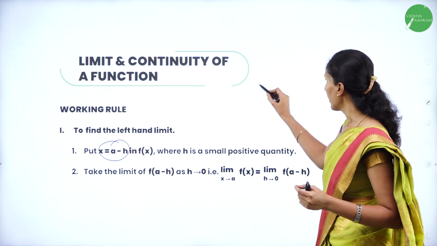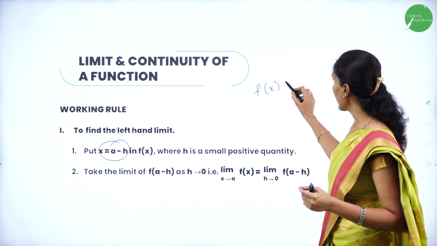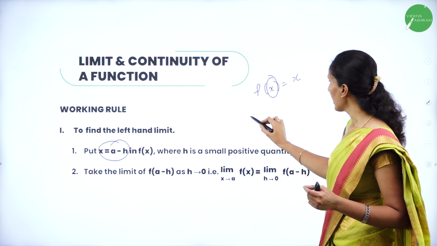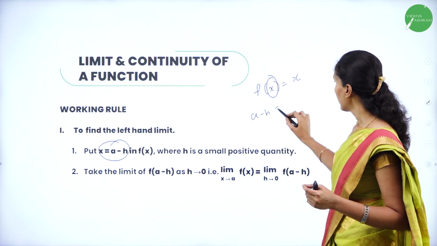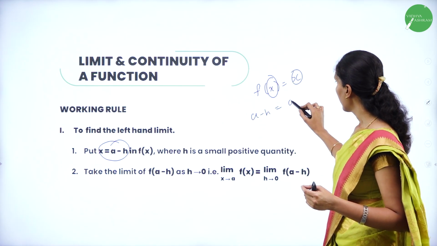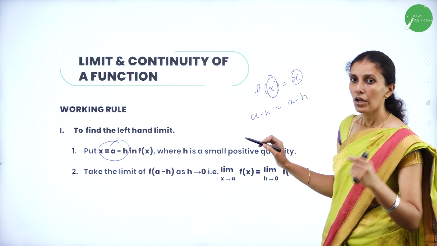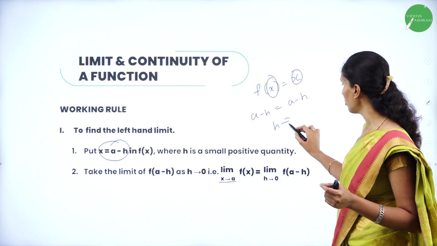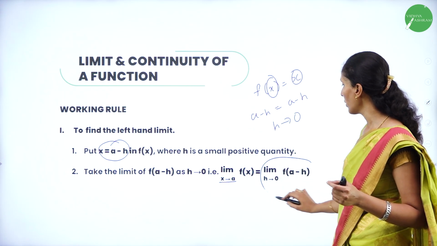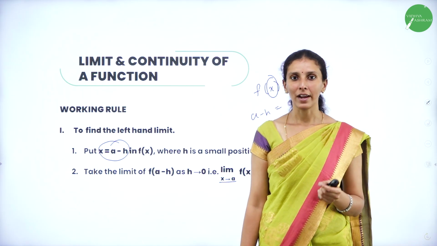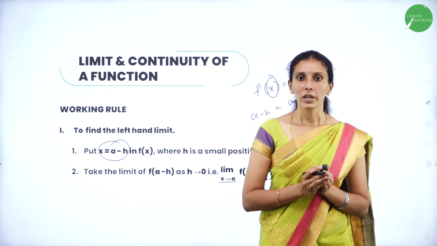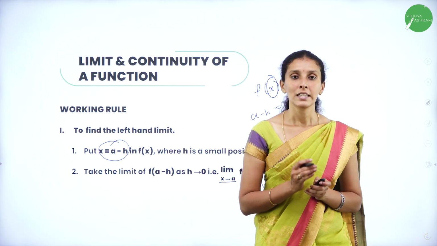For example, if f of x is equal to x is given, then we have to replace x by a minus h, and as x tends to a, h tends to 0. So this is how we are going to find the left hand limit. If you put a minus h, then we can find the left hand limit.